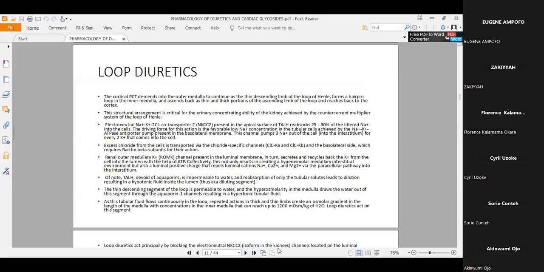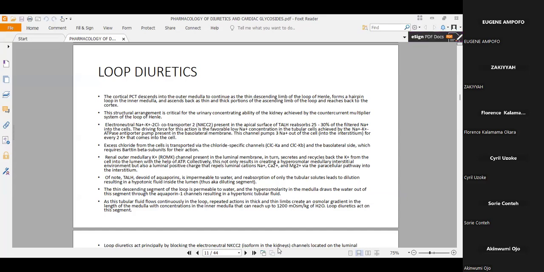So the cortical proximal convoluted tubule descends into the outer medulla to continue as the thin descending limb of the loop of Henle, and ascends back as the thin and thick portions of the ascending limb of the loop of Henle before it finally reaches the cortex. This arrangement is critical for the urine concentrating ability of the kidney, which is achieved by the countercurrent multiplier system of the loop of Henle.